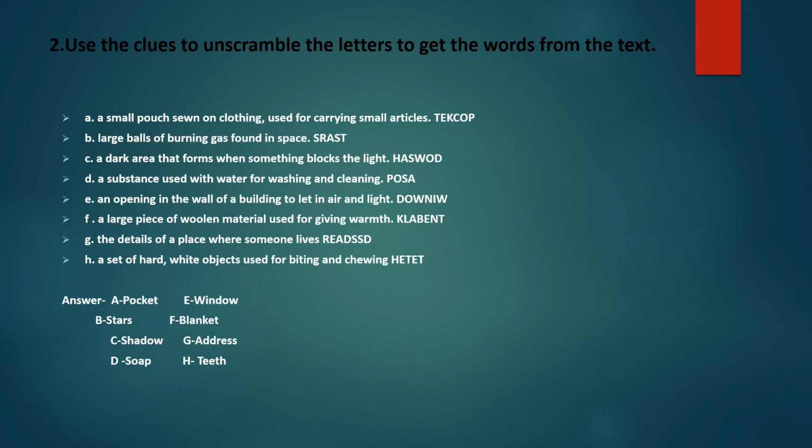This is blanket. These words are given in the text also. The details of a place where someone lives. Yes, address. A set of hard objects used for biting and chewing. This is teeth.